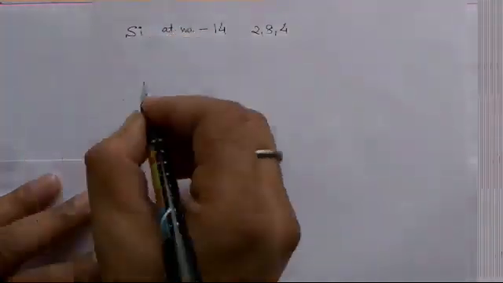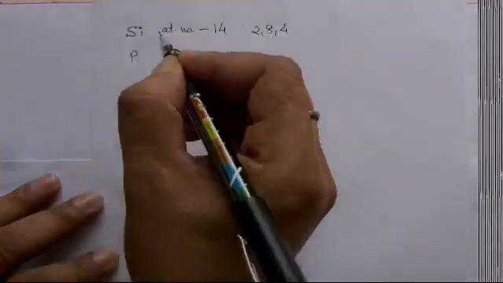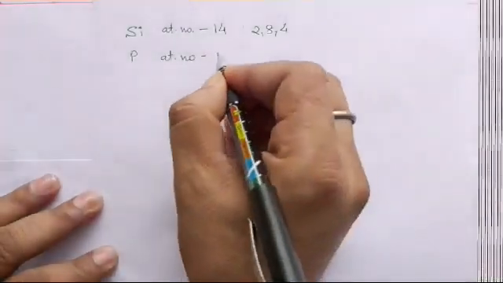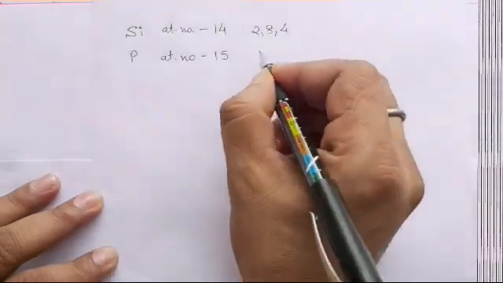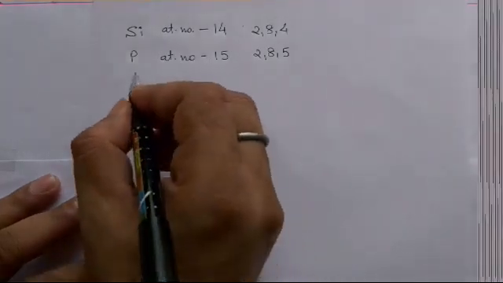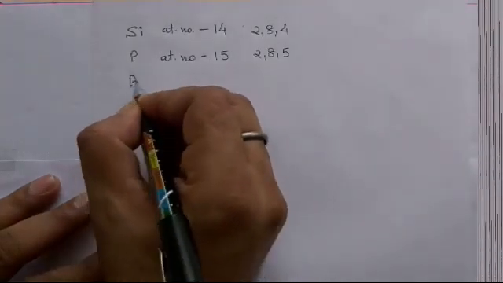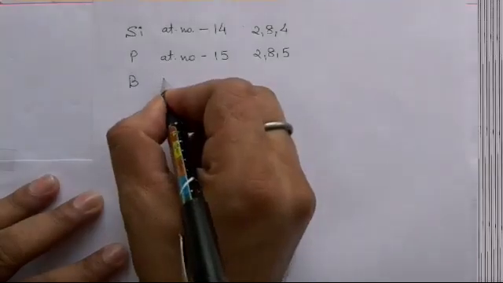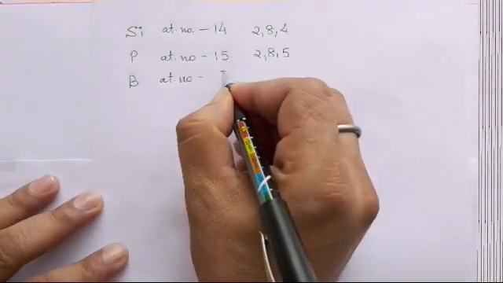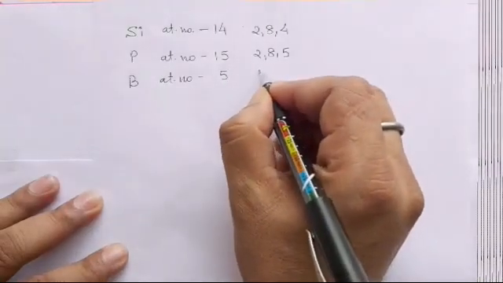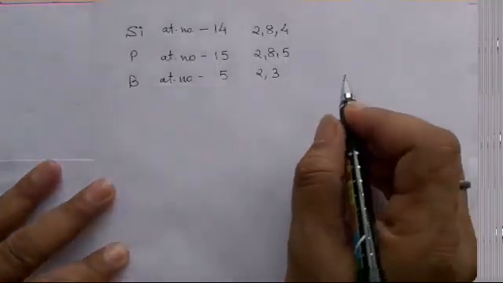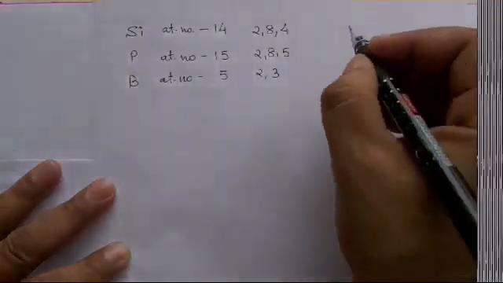Whereas in case of phosphorus, let's see atomic number. What is the atomic number? 15. Electronic configuration 2, 8, 5. And in case of boron, if it is added as impurity or doped into the crystal, its atomic number is 5, and then electronic configuration 2, 3. This is how we are using those values.